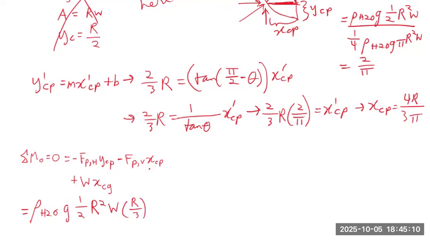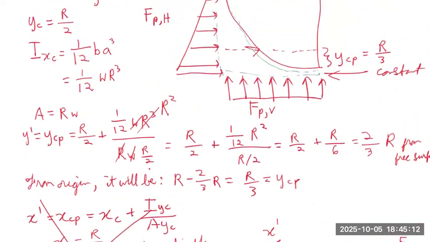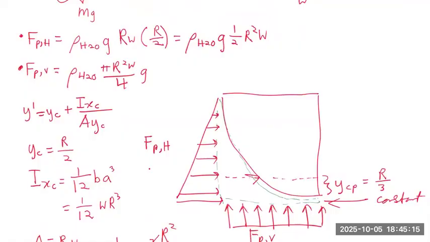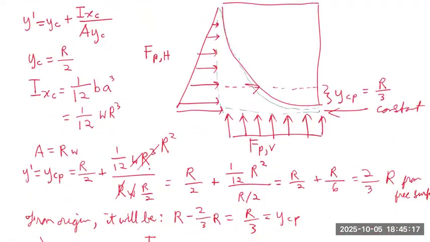And then FPV we found to be rho H2O pi R squared W over 4.